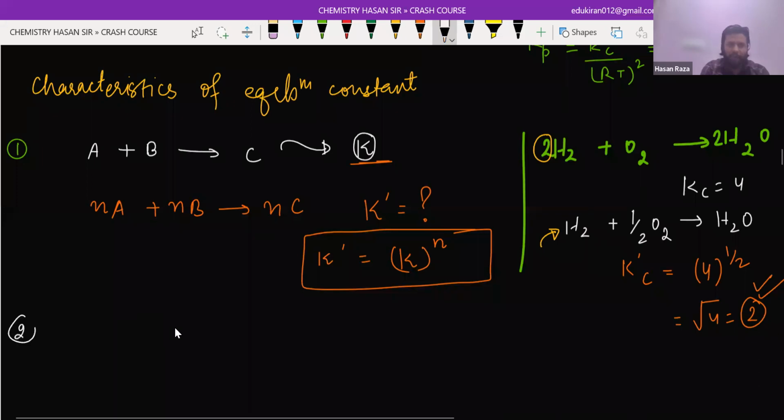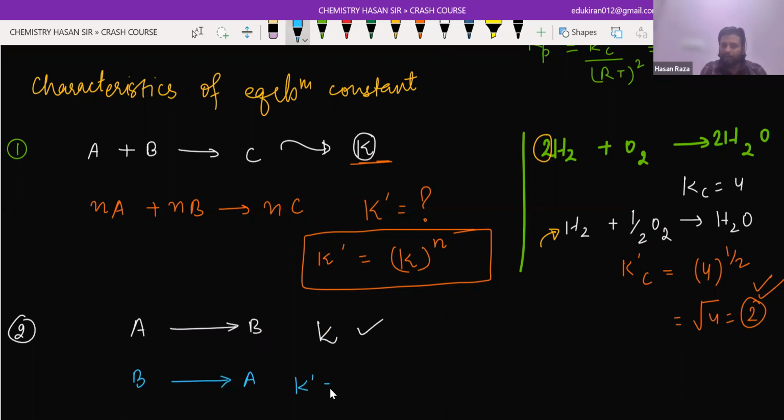The next. If you have a reaction like this, which has an equilibrium constant K, and you reverse the equation, the new equilibrium constant will be the inverse of the old one.